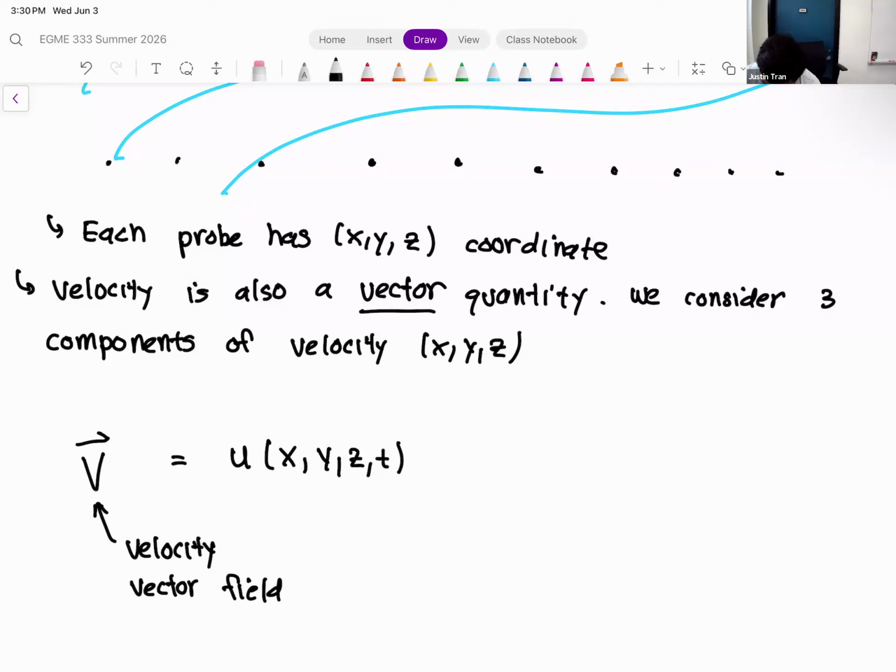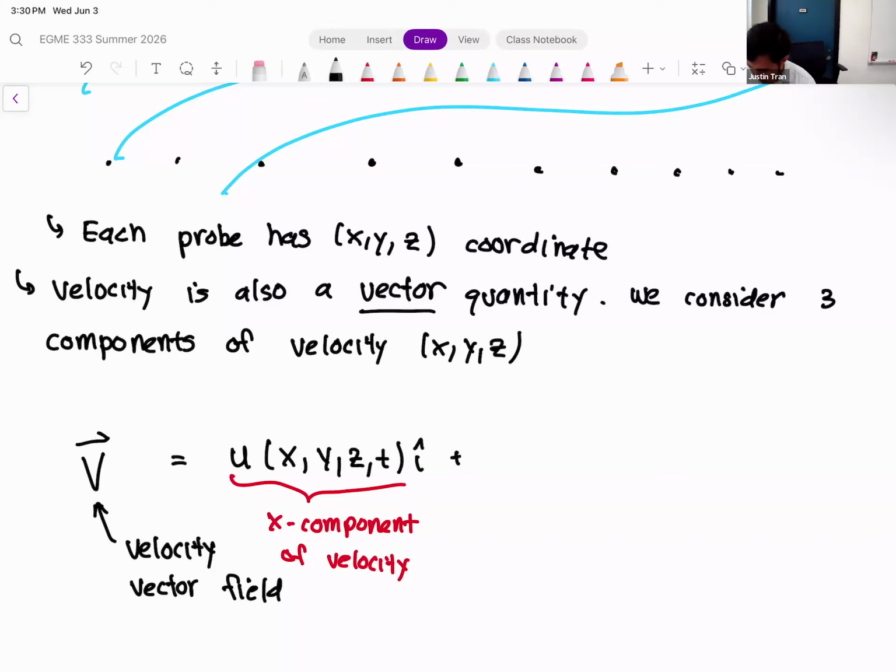So this u here is the x component of velocity. And then to denote the fact that it's an x component, we're going to multiply it by i hat, the unit vector in the x direction.